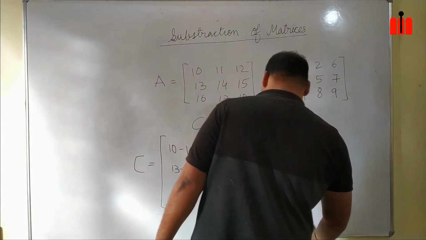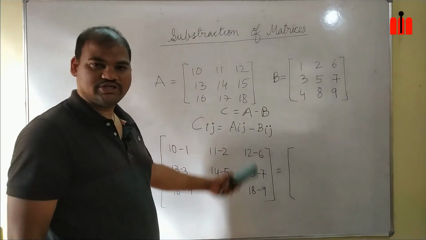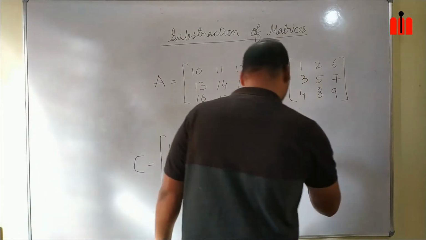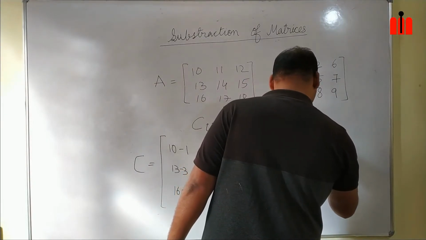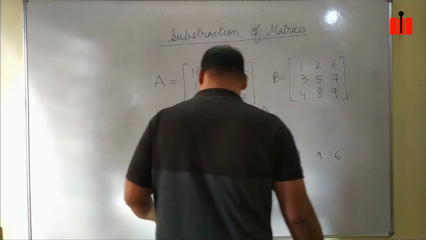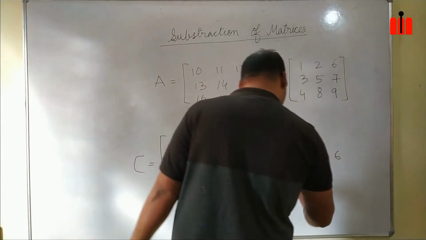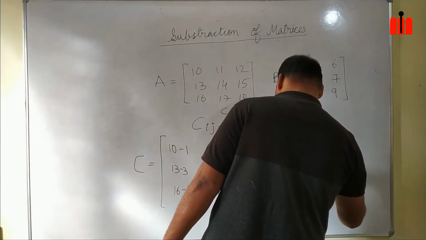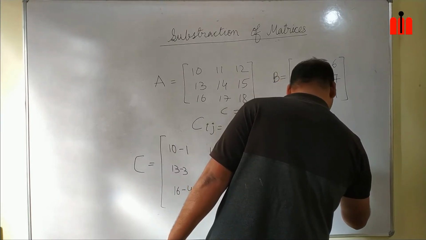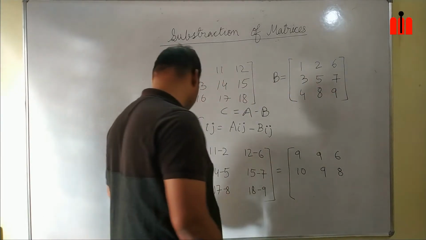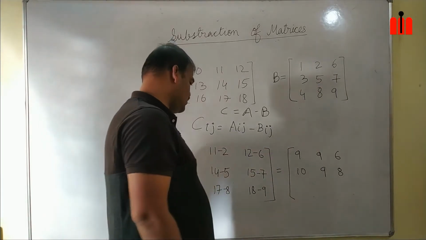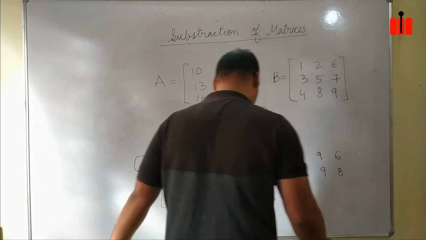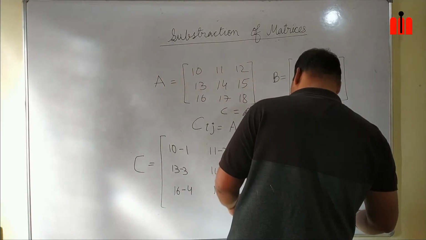My C matrix, which is the result of the subtraction operation, is 9, 9, 6, 10, 9, 8, 12, 11, 9 and 9.